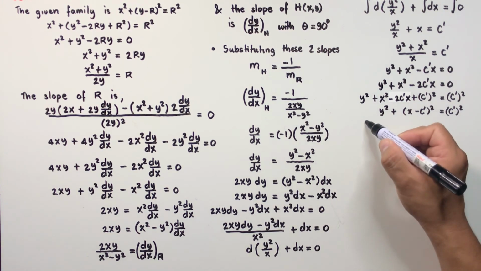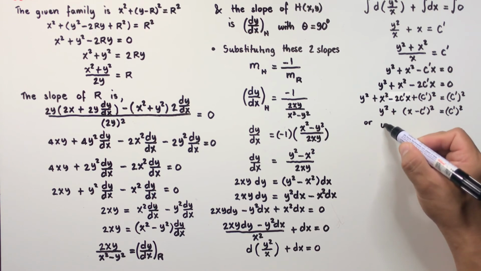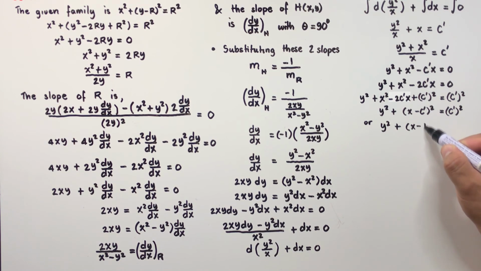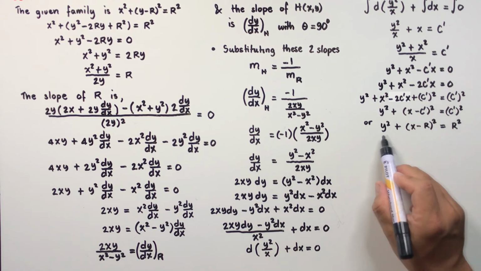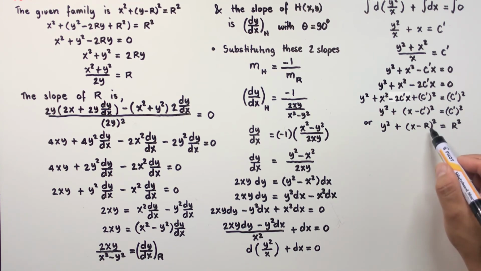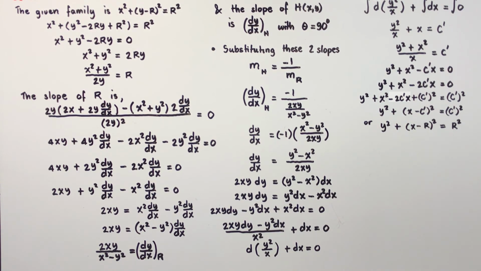Or we can write this one as y squared plus x minus the r quantity squared, which is equal to r squared, so that it looks like an equation of family of circles whose center is at the point r, 0, but with radius of r.